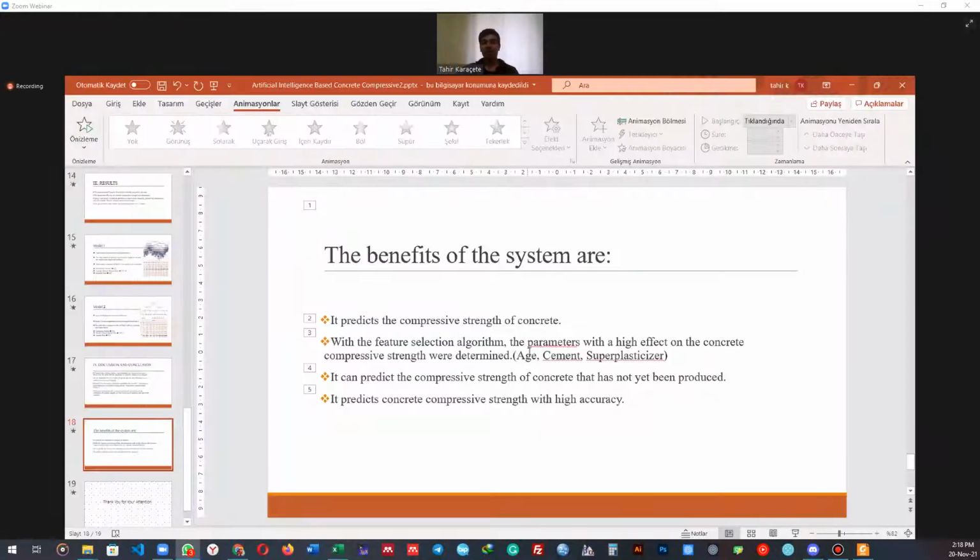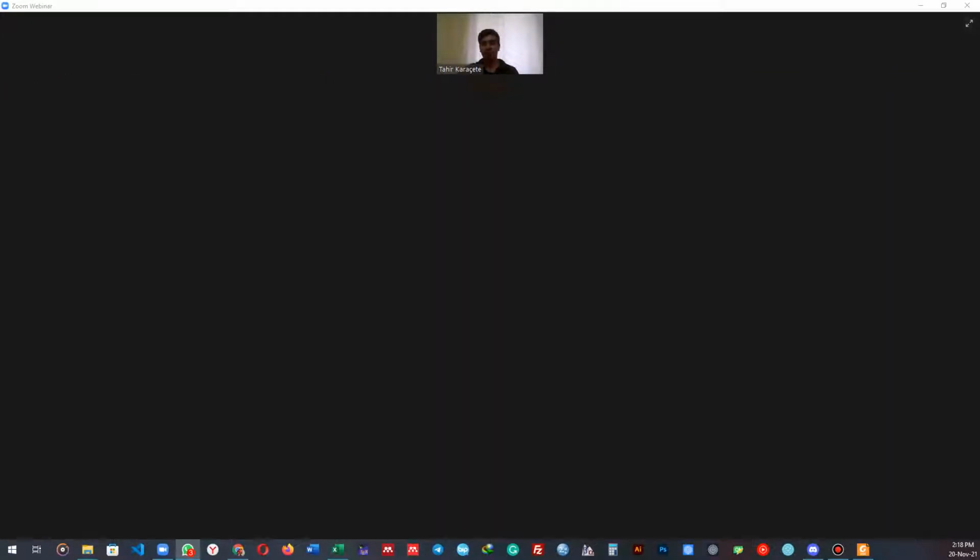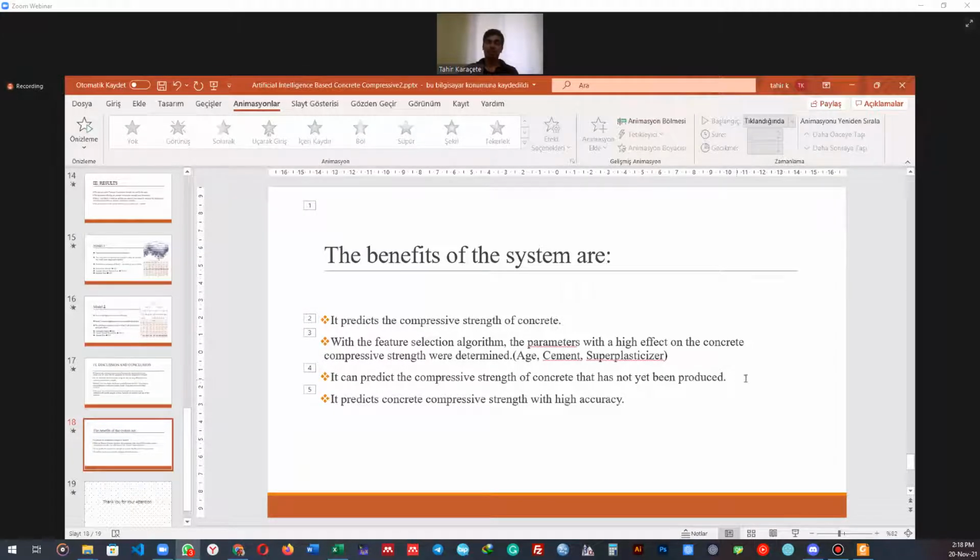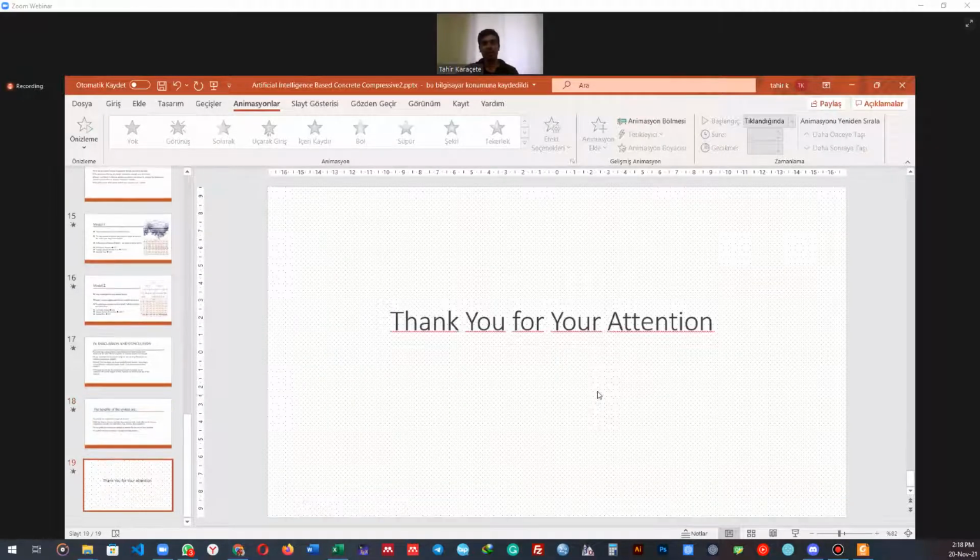The three most effective parameters are age, cement, and superplasticizer, and it can predict the compressive strength of concrete that has not yet been produced. It is important: no test, no cost, and it predicts concrete compressive strength with high accuracy. This presentation is finished. Thank you for your attention.